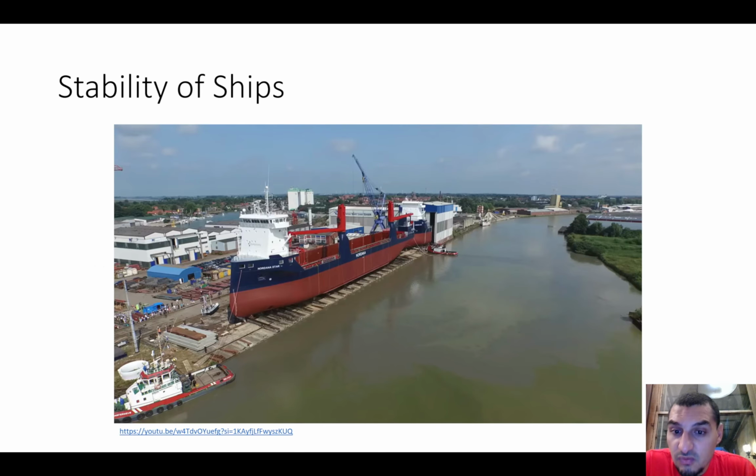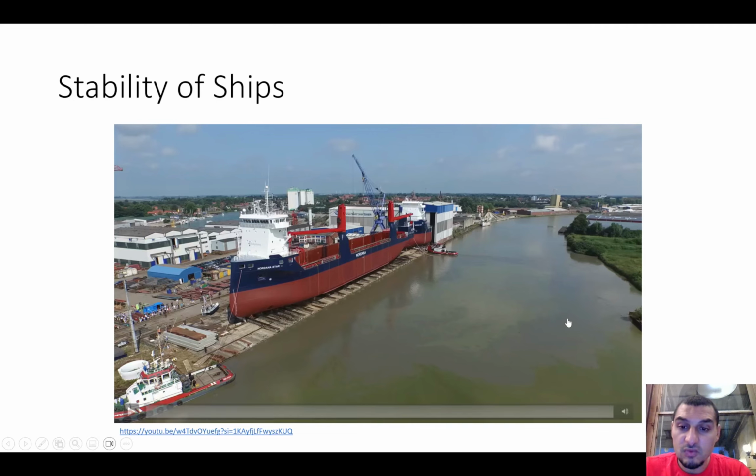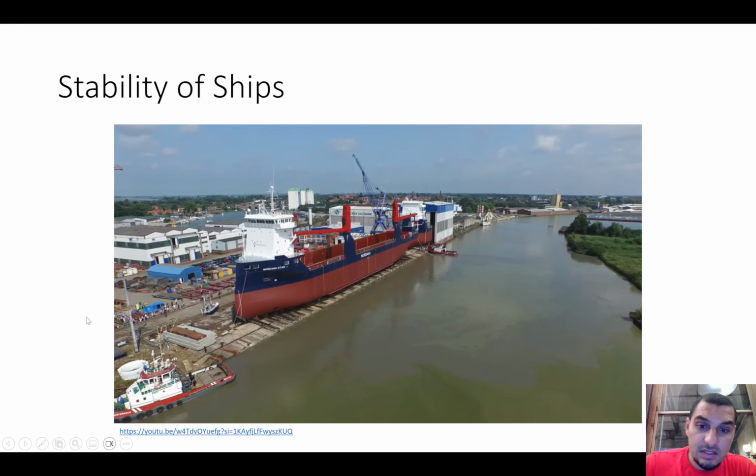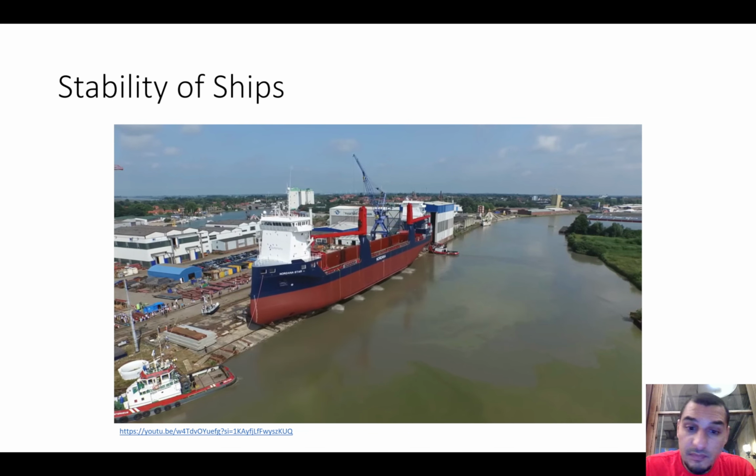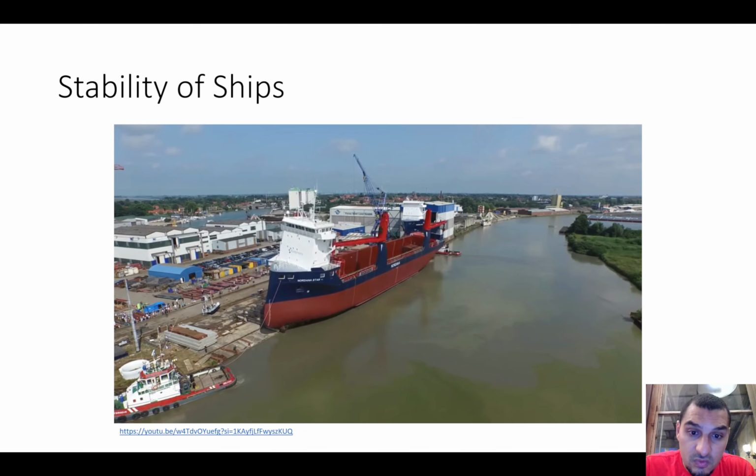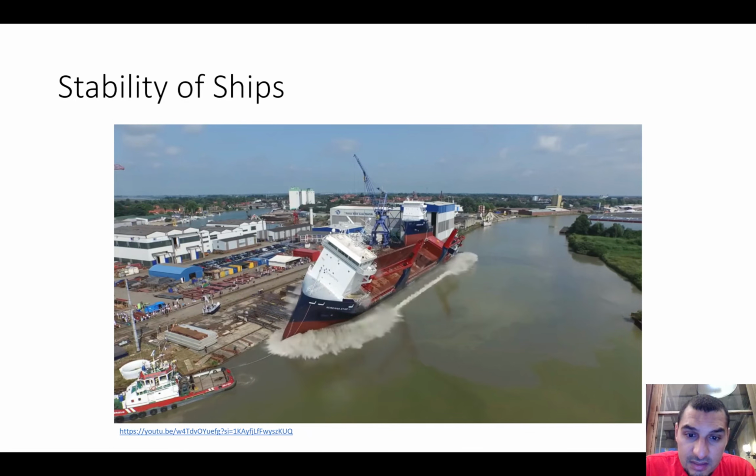And this is a video of one ship that is being launched for the first time. This is one thing that needs to be planned for properly, and there are a lot of precautions that have to be taken to make sure that the ship is stable. You see it's being pushed by its side, and then it falls into the water, and it tilts a lot.